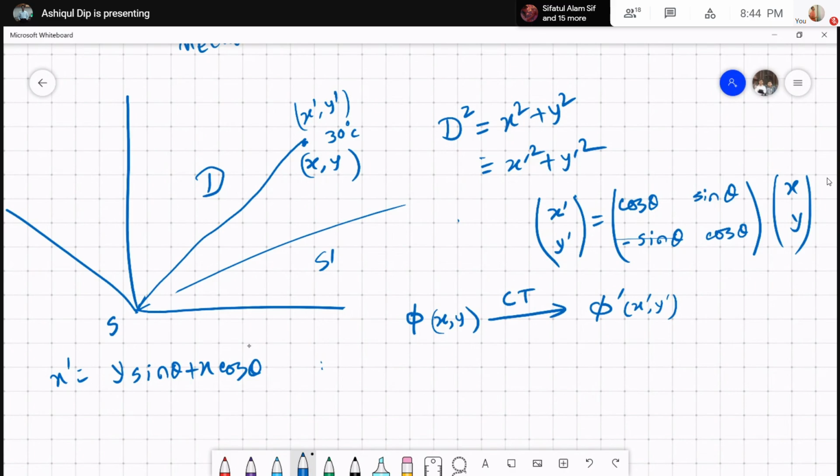But to be scalar, the number has to be the same. So the definition of a scalar is this: any quantity that changes like this, or in other words, the number associated with it doesn't change, we call it a scalar. Or actually scalar field. Here it's a function of x and y, so it's a scalar field.